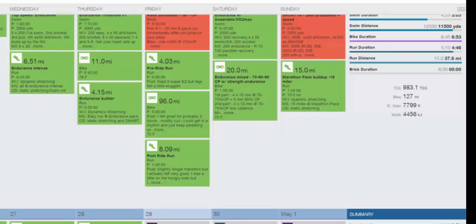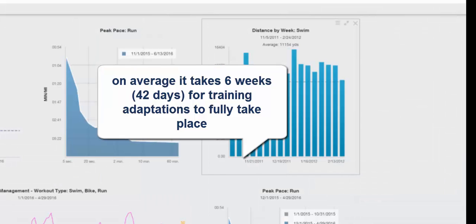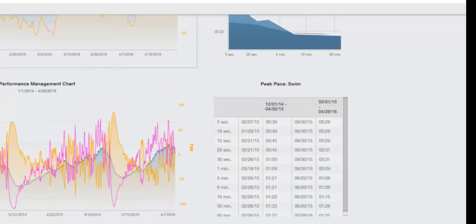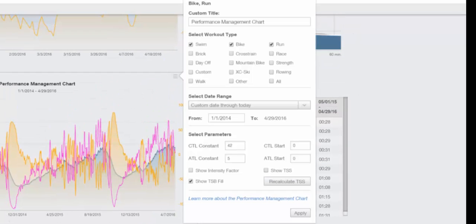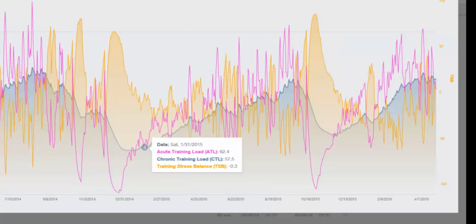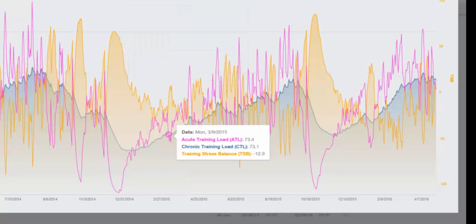Why is that divided by 42 days? Because it takes roughly 6 weeks for adaptations to fully take place when you're training. So if you do an activity today, let's say you go and run an hour, to realize the full benefits of that workout is going to take up to 6 weeks.